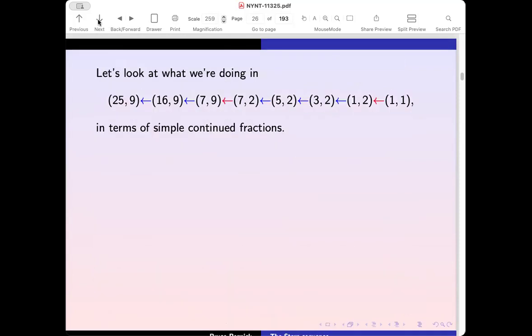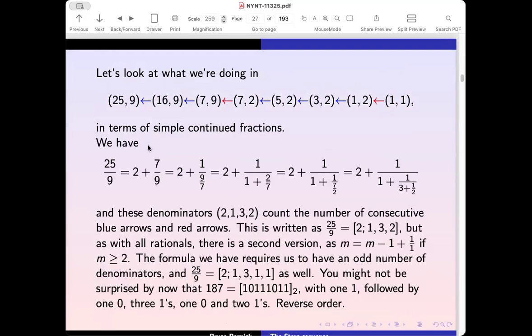Now, some of you probably have realized that what I'm doing is just calculating in a very, very long way the simple continued fraction for 25 over 9. 25 over 9, there are two blue things, so that becomes 2 plus 7 over 9. Then you have a red thing that makes it 1 over 9 over 7, then 1 plus 1 over 7 over 2, and you wind up with that.